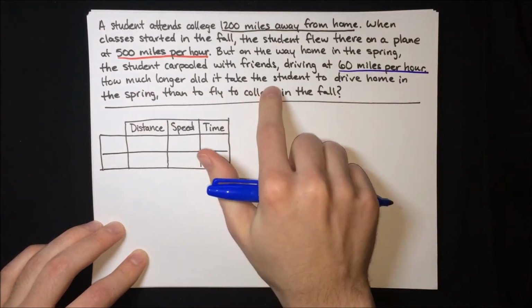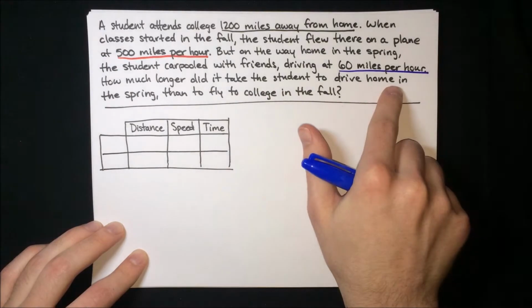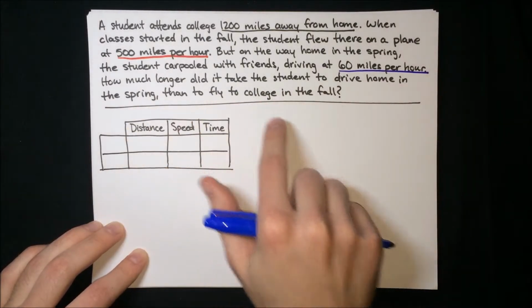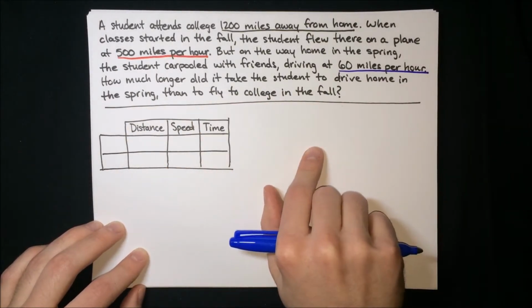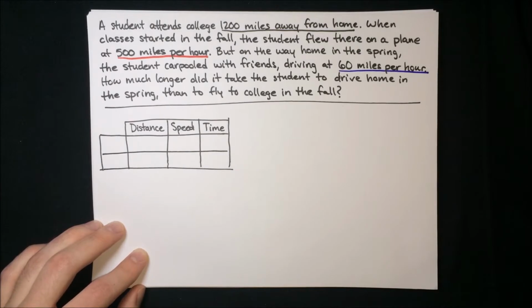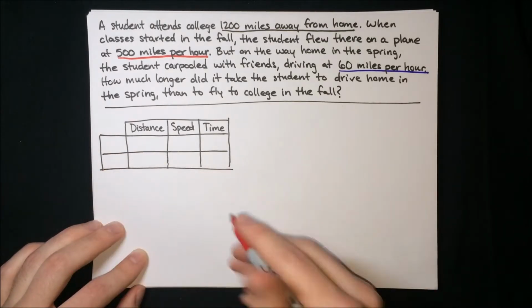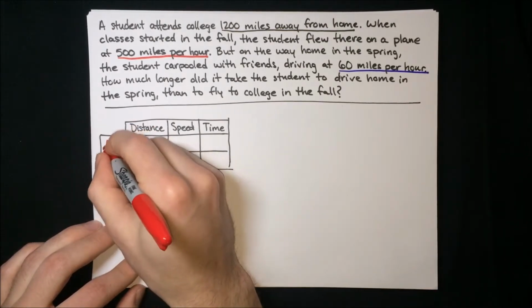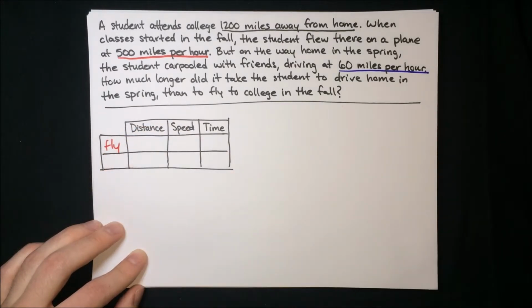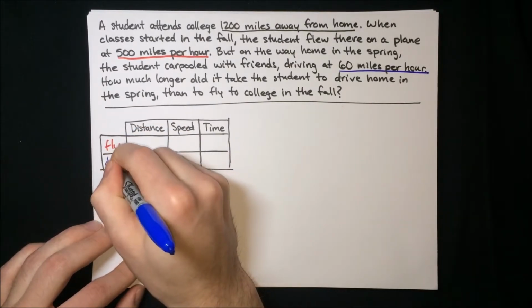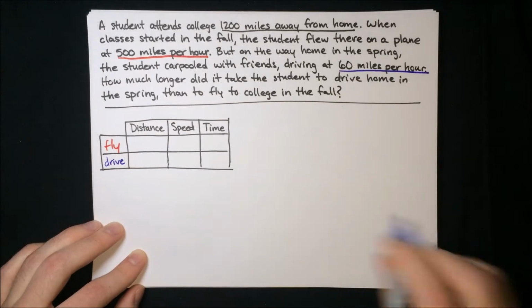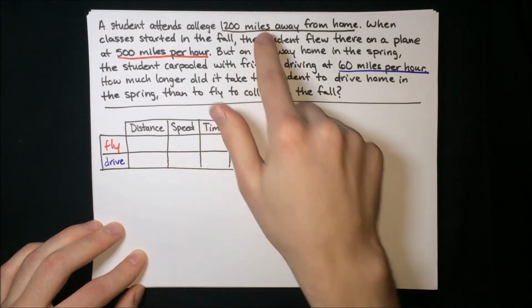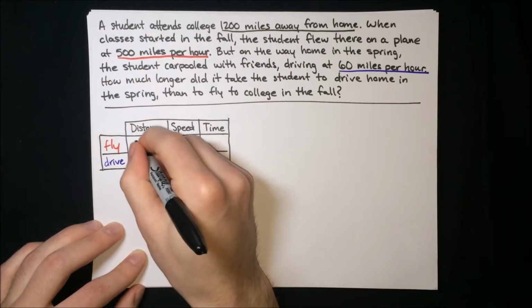How much longer did it take the student to drive home than to fly to college? So driving and flying are methods of transportation here. Let's write fly here and drive. And our distance in both cases is 1,200 miles.